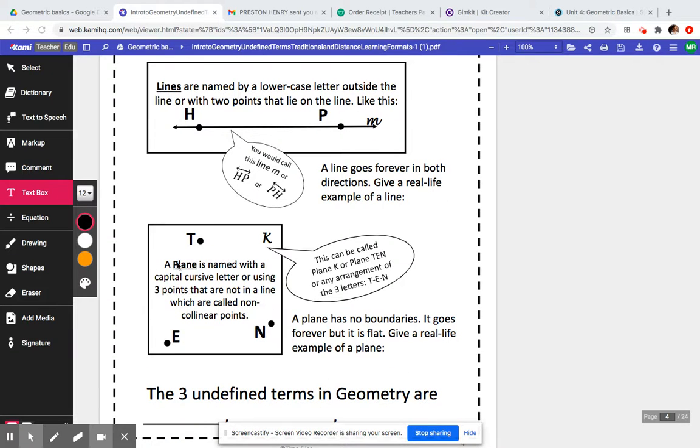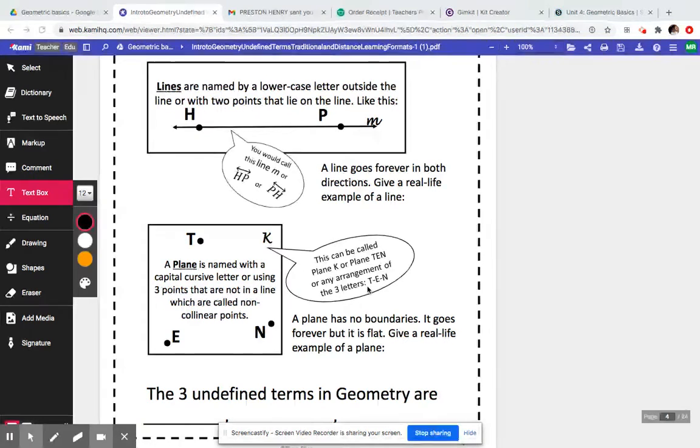Below, we're going to be talking about a plane. A plane is named with a capital cursive letter or using 3 points that are not in a line, which are called non-collinear points. We'll talk about collinear in a second. For instance, this capital K right here, we could call this plane K, or we can call the plane TEN, or any arrangement of the 3 letters: TEN, NET, ETN.